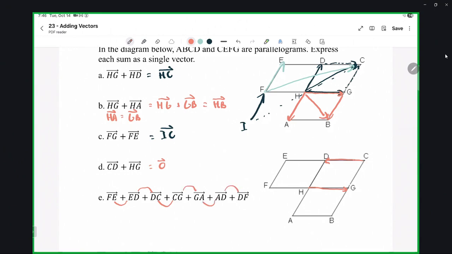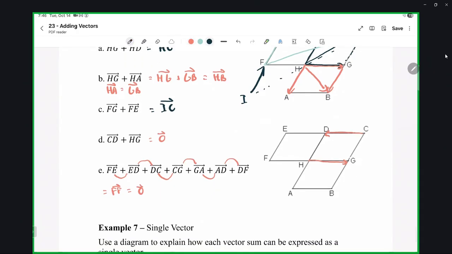We have a nice clear harmony. And so we actually end up with vector FF, which is vector 0. So if I were to draw what this looked like, we had vector FE, then ED, then DC, CG, GA, AD, and then DF. We had this kind of structure, but we just ended up where we started.